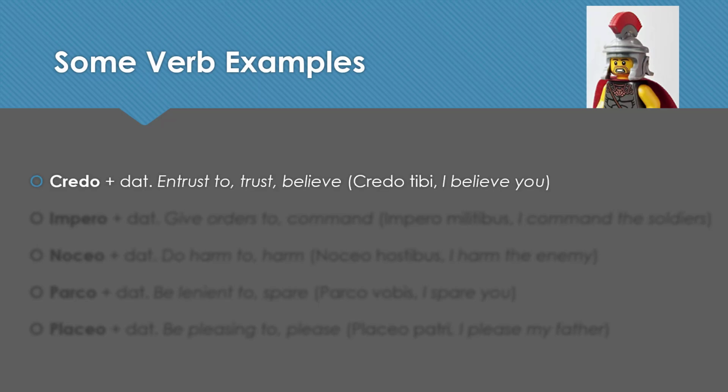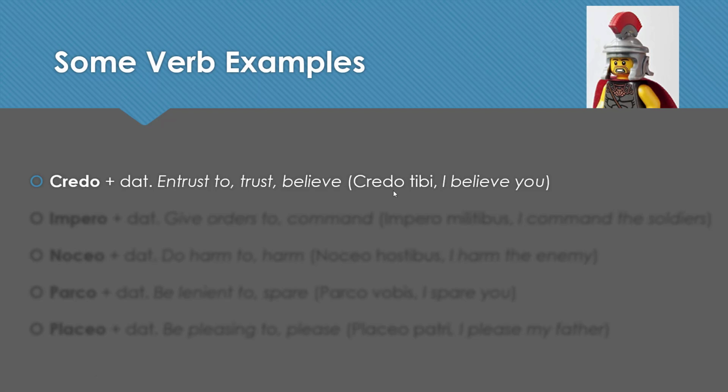Like we have credo. Credo means to entrust or to believe, or entrust something to someone, right? So something like credo tibi, I believe you. Literally, it's I entrust to you, or I am trusting in direction to you. Instead of saying credo te, I trust you, it's credo tibi.